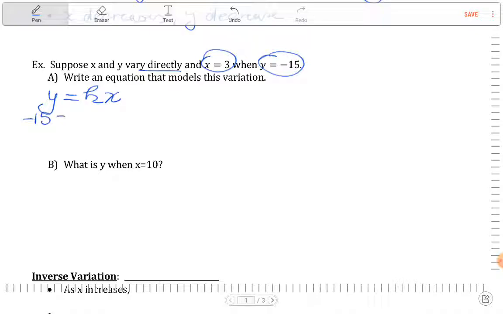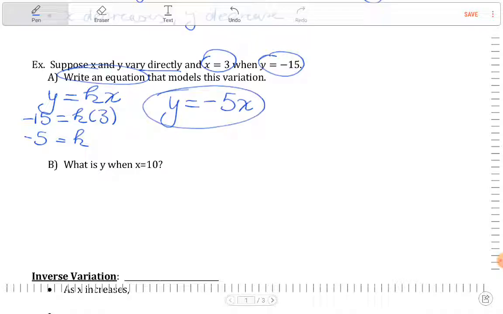Y is negative 15, x is 3, and we can solve for our constant k, which is negative 5. At this point I'm not done because I'm asked to find the equation that will model this direct variation. So I go back and I'm going to plug in my k into the form. Now I have an equation that will model this relationship.